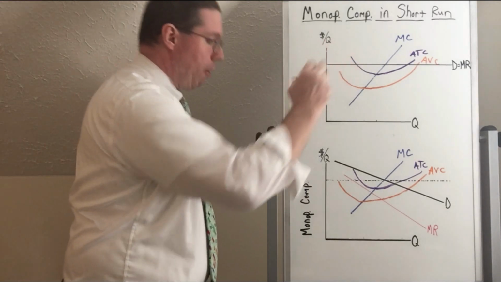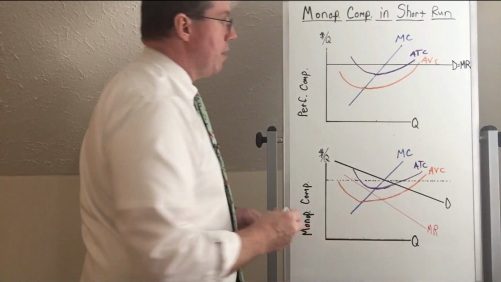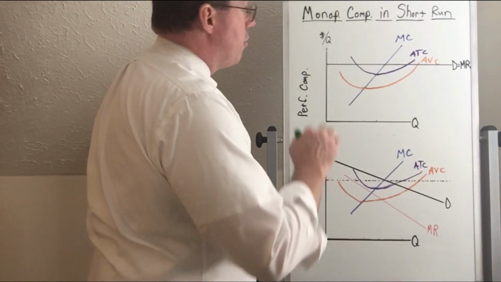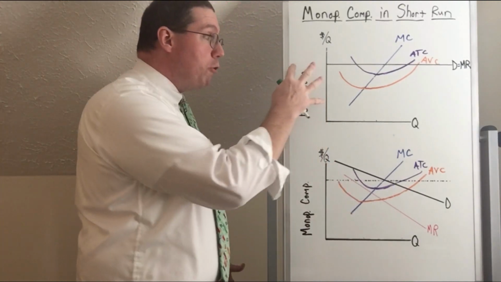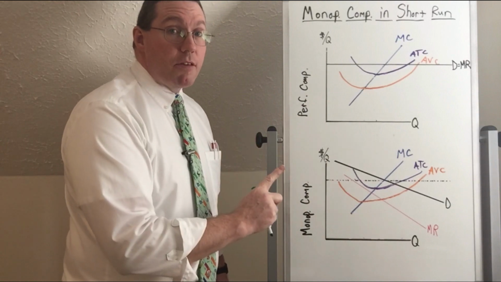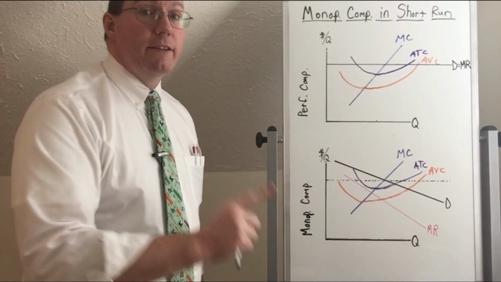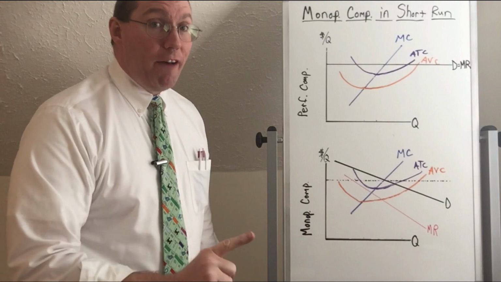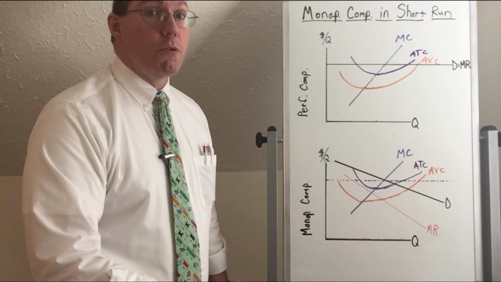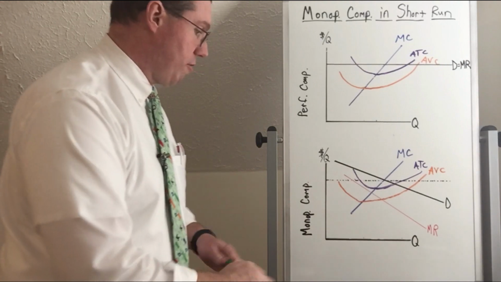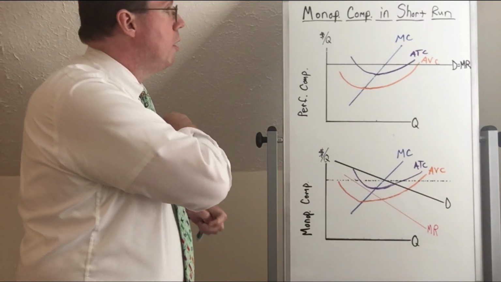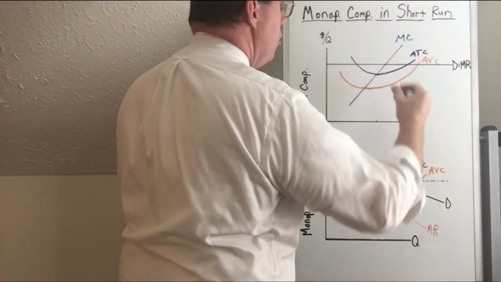So let's review perfect competition. I'm going to use a green marker here. Because both perfect competition and monopolistic competition are trying to maximize their profit, they're going to produce where marginal cost is equal to marginal revenue.